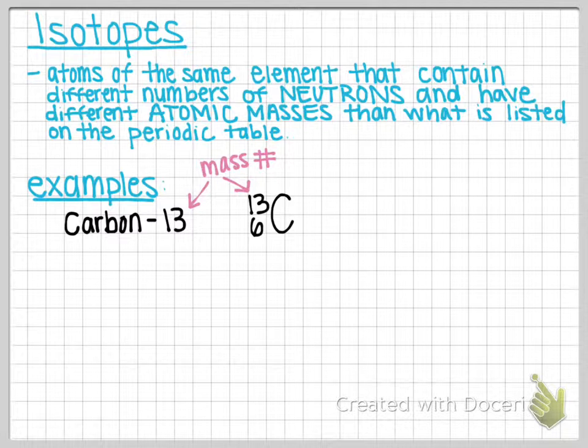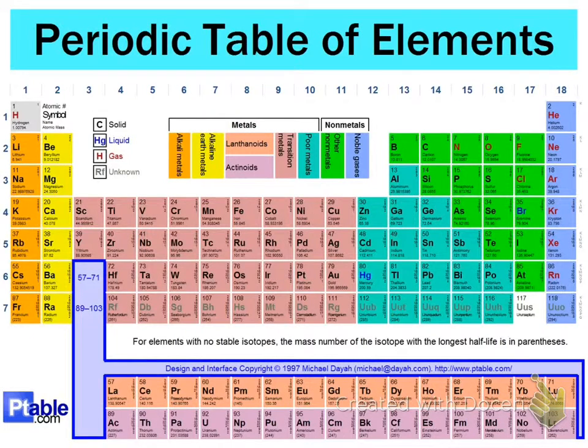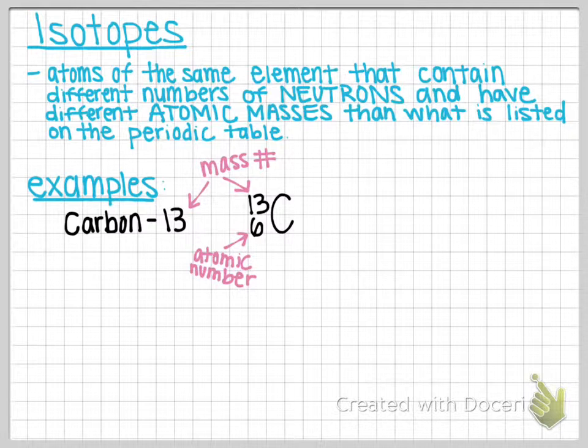The 6 on the bottom stands for your atomic number. If you look at carbon on the periodic table up here, you can see that its atomic number is 6. And so that's where that 6 came from.